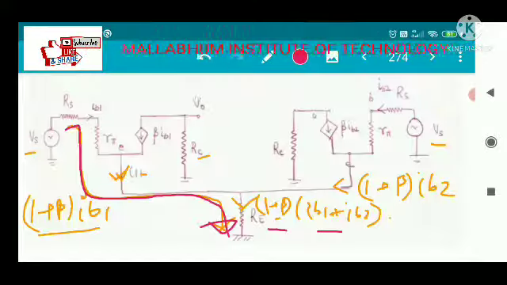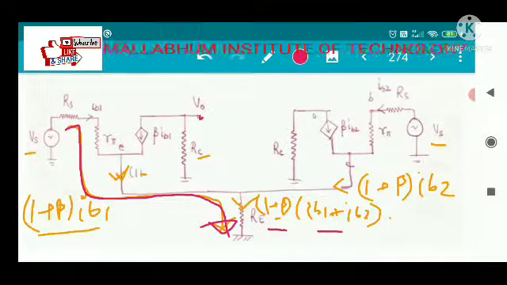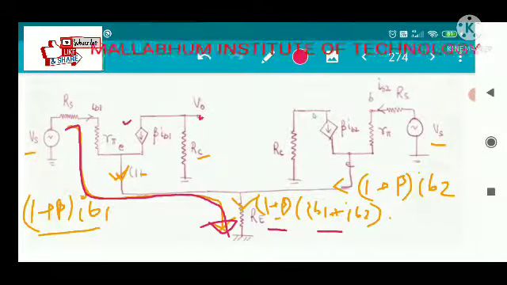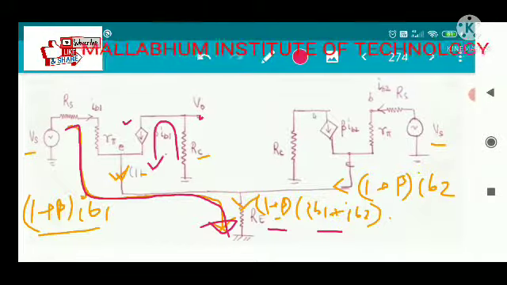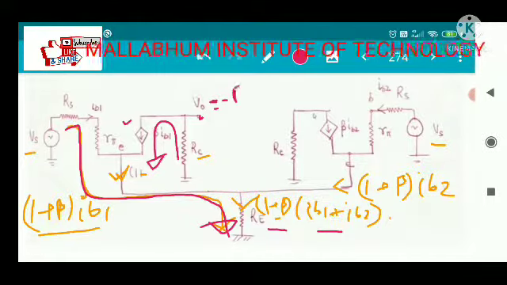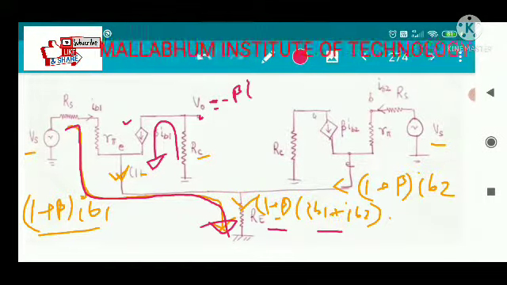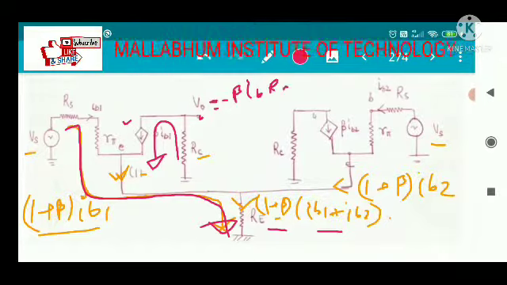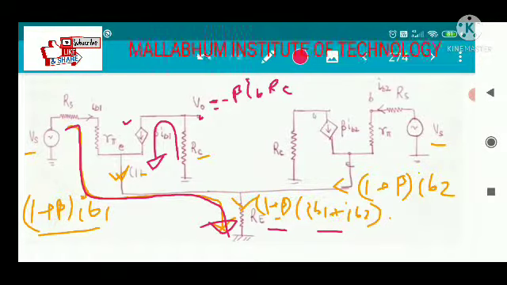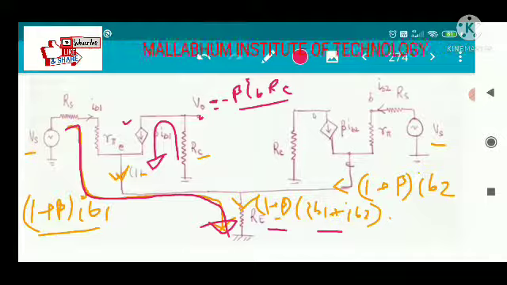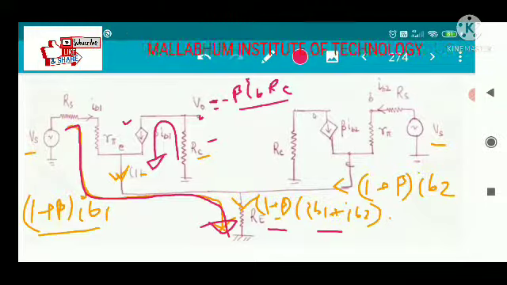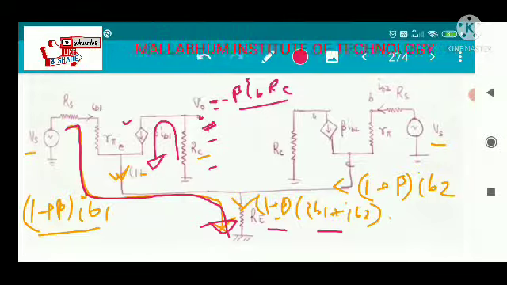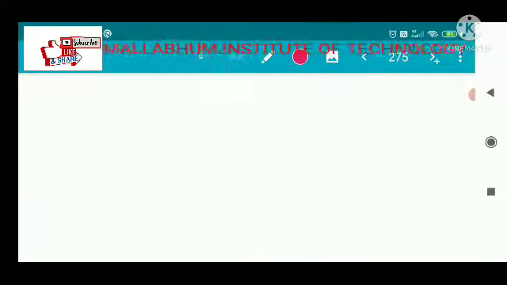And you can see from the diagram that this current will be flowing like this. So V0 is nothing but minus beta IB into RC. Beta IB is there and RC is there, and we are considering the potential in that direction and the current will be flowing in that direction, so that's why there is a negative sign.